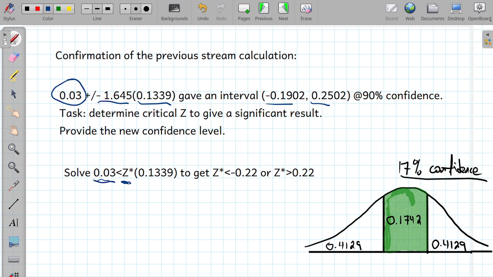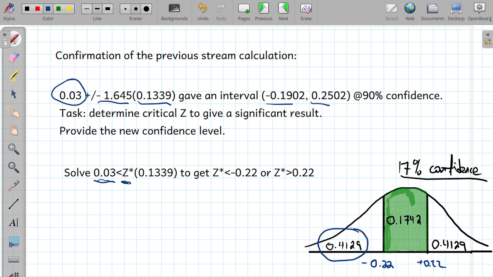Now, when you solve that, you end up with 0.22. Well, 22 and a little bit of change, but it doesn't really matter. Now, the point is, this is z star of negative 0.22 here, and this is positive 0.22 here.